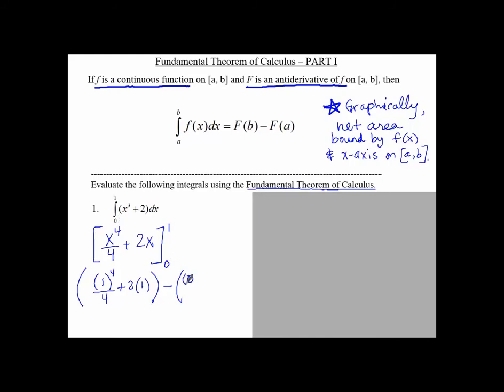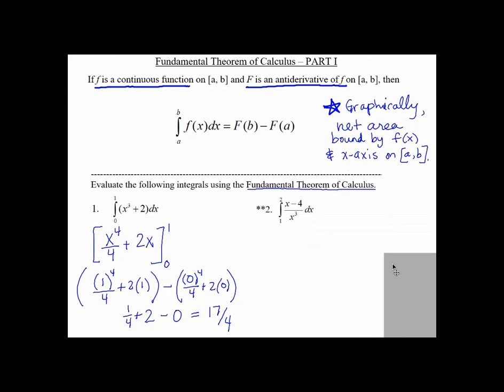So 0 to the fourth over 4 plus 2 times 0. We'll evaluate each of these. This one makes 1/4 plus 2 minus this one makes 0, and altogether we get 2 1/4 or 17/4, and that's using the fundamental theorem of calculus.